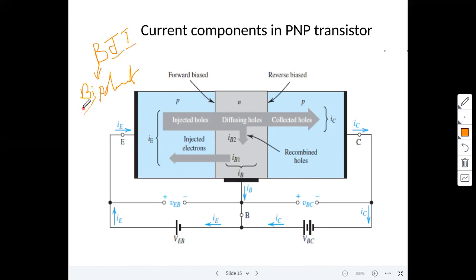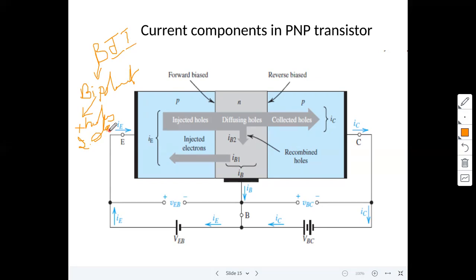If it is bipolar, what is the polarity? It means current conduction takes place through holes and also through electrons, both. So current conduction in the transistor takes place through both charge carriers, electrons as well as holes.